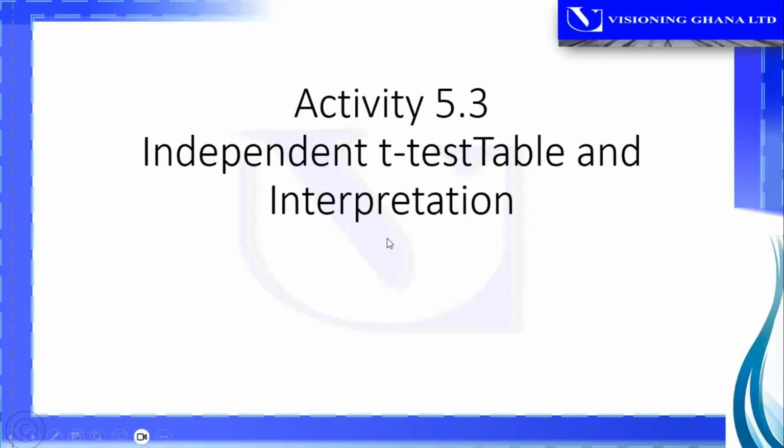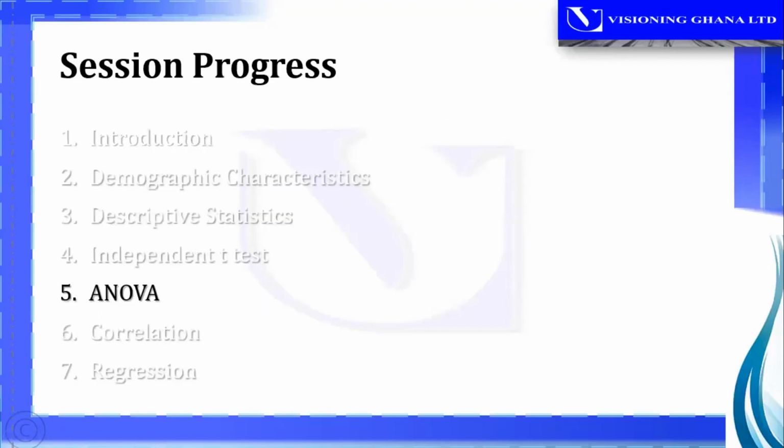After the independent t-test, before we even look at the ANOVA, let's look at correlation first. I'm going to move this one. Let's look at correlation first before we move on to ANOVA.